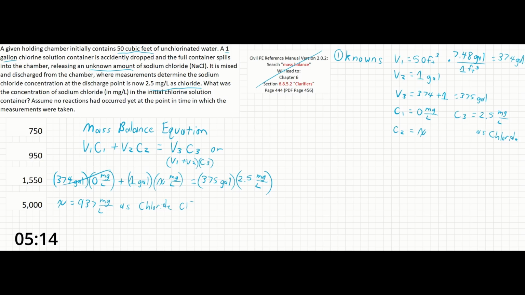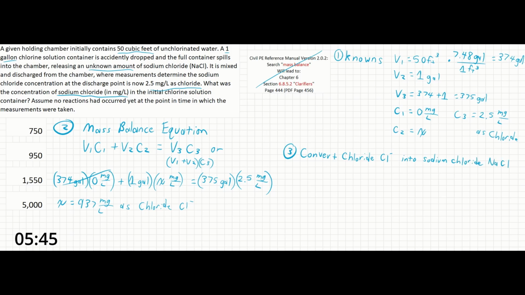But a lot of the comments reminded me that I did not account for the fact that the question is asking for the original concentration of sodium chloride, while my final answer was just in chloride. So step 3 for us, I guess this is the mass balance equation we're calling step 2. The knowns are step 1. So step 3 is going to be to convert the chloride into sodium chloride, and we can do that very easily.